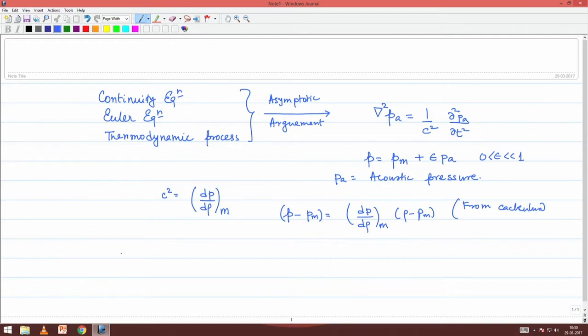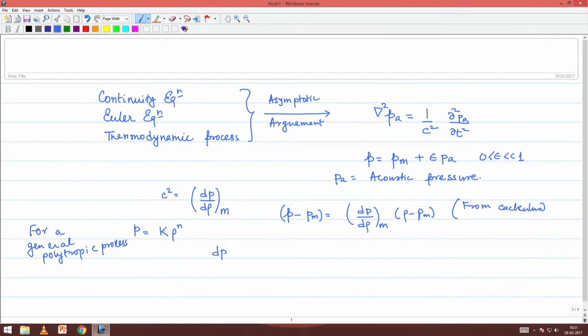Now, the thermodynamic process will usually interrelate the pressure and the density. So, in general the pressure will be some constant, call it capital K, times rho to the power n, for a general polytropic process. Remember, this is the total pressure and the total density.